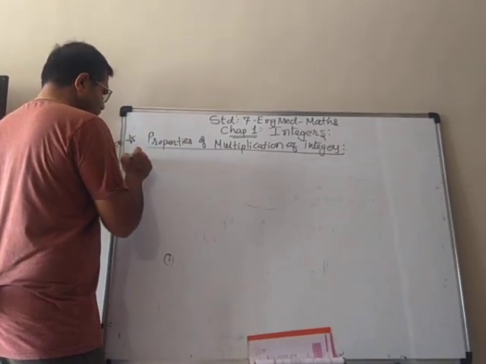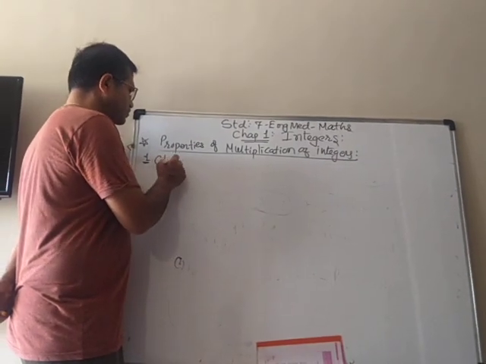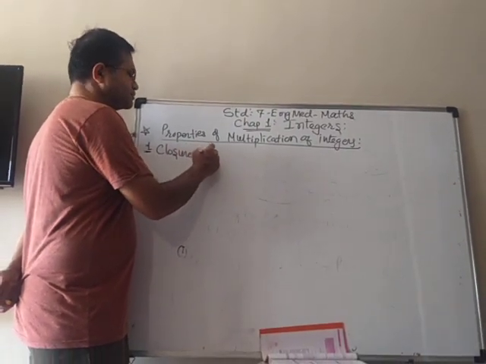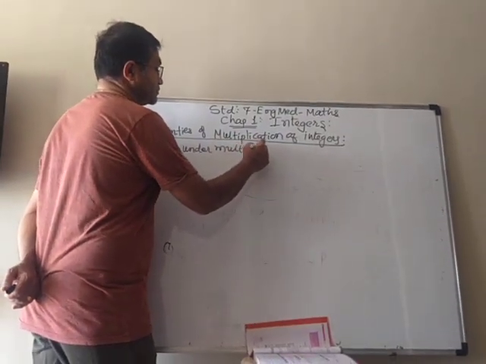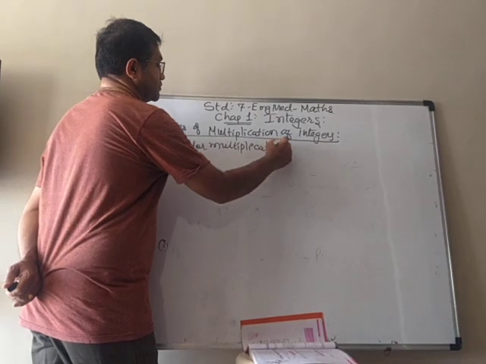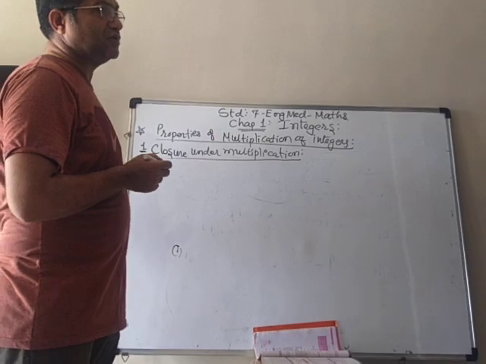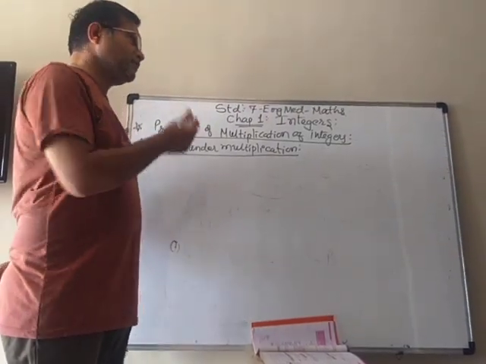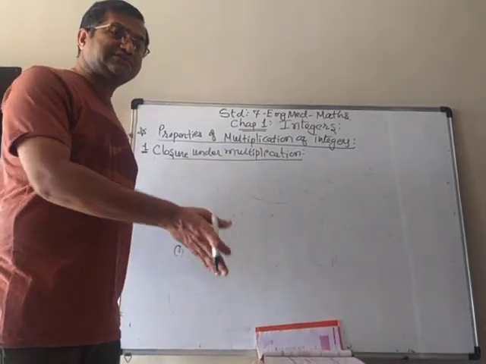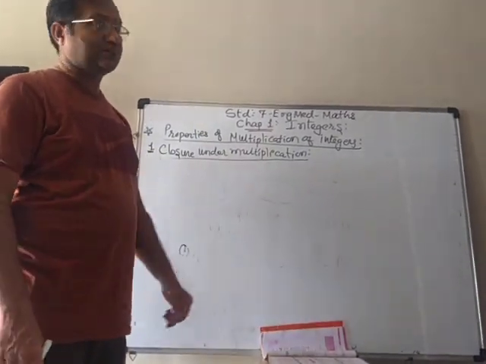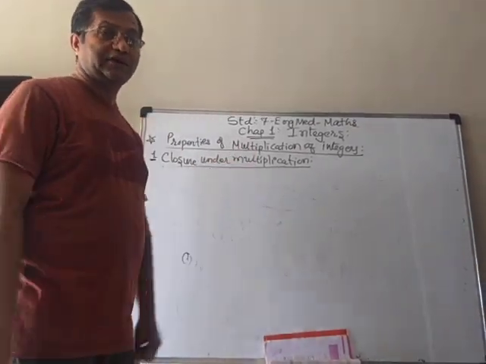So now, first is the same, like closure property. Closure under multiplication. Closure property means that when we take two integers and multiply them, the answer is again an integer, doesn't matter positive or negative.